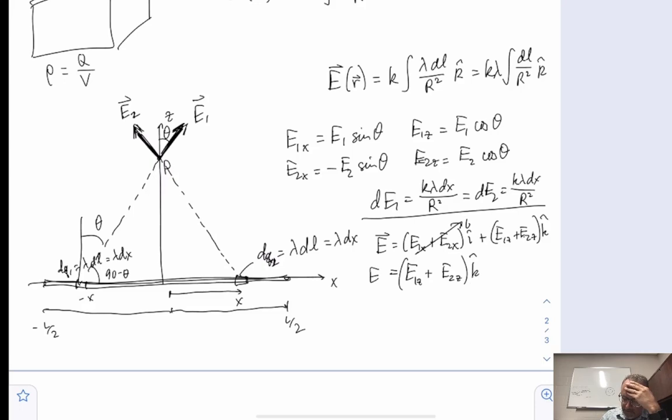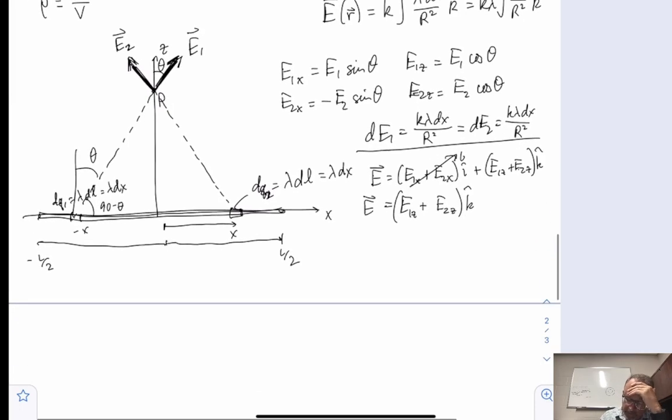I already know that those z components have the cosine in them. So the electric field is equal to E1 cosine theta, and in fact, since E1 and E2 are equal, it's going to be 2 E1 cosine theta k hat.